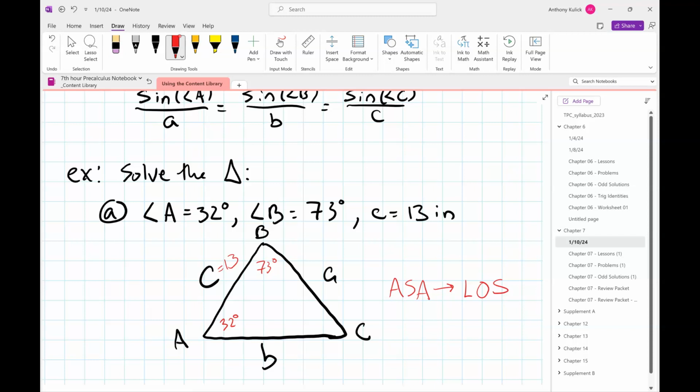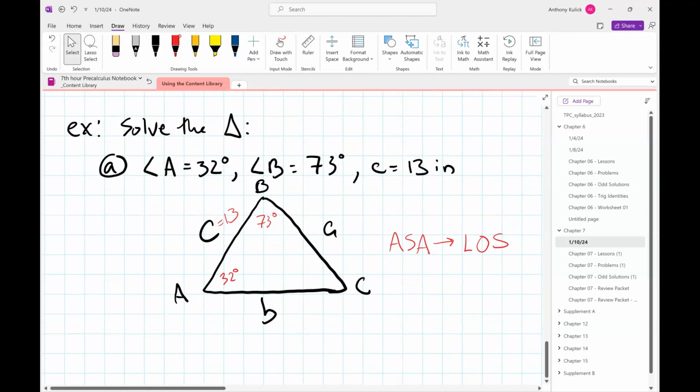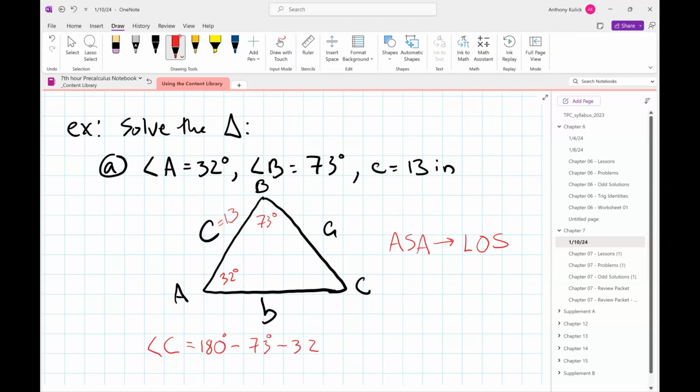How many degrees are in a triangle? 180. So if I know two of the three angle measures, should I be able to find the third? Yeah, right? So I know that angle C should be 180 minus 73 minus 32, or 75 degrees.